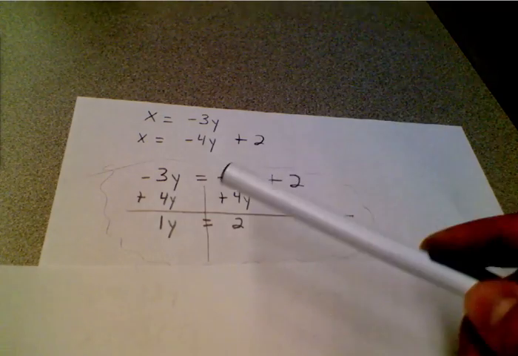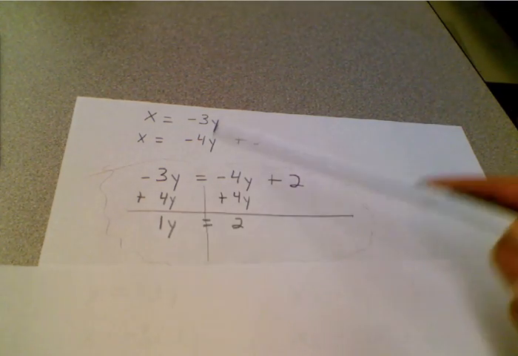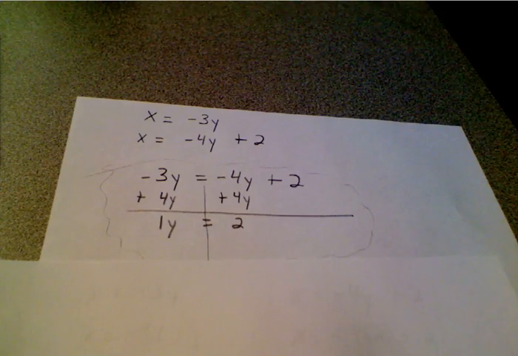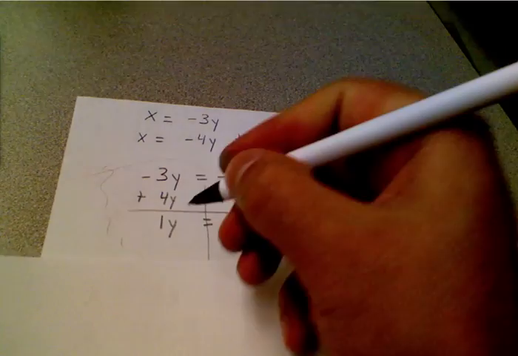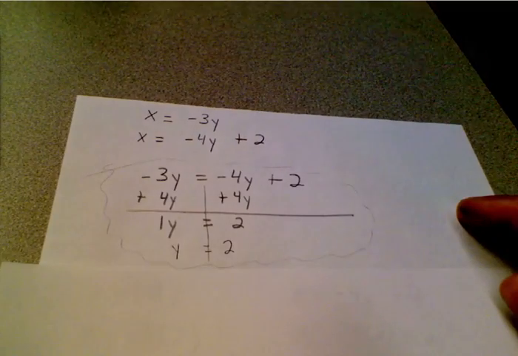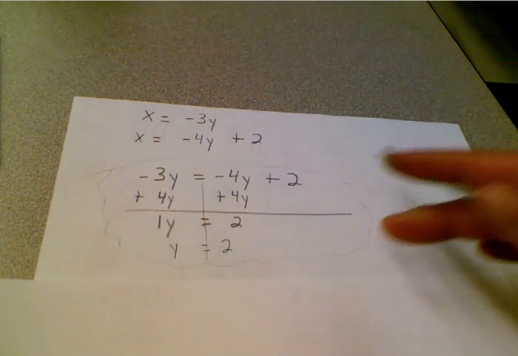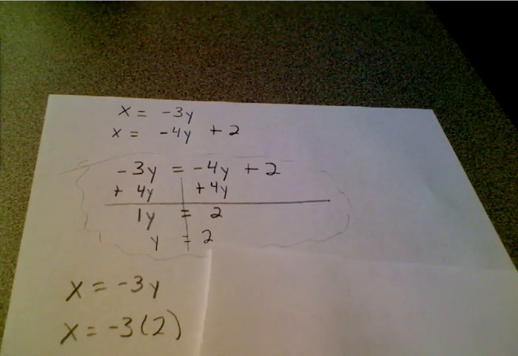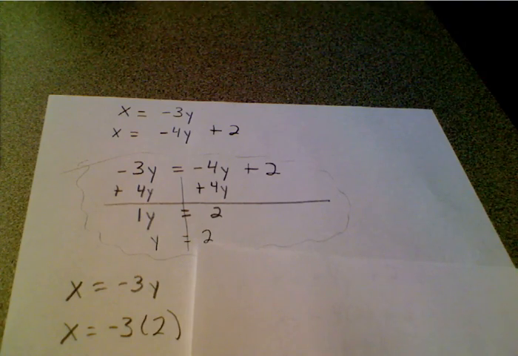And so now I've gotten y alone. There's only one y there. So now y equals 2. Just remember, once I get y equals 2, I've got to solve now for x. I solved for y. Now I have to solve for x. So again, I can plug my 2 in for either equation and solve for that.